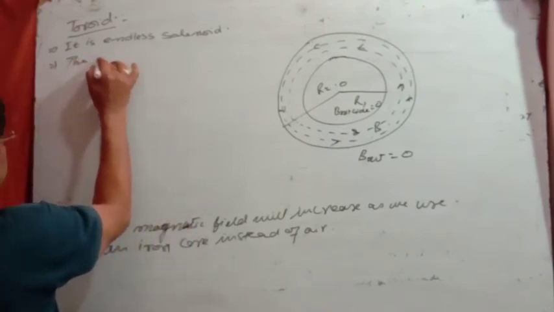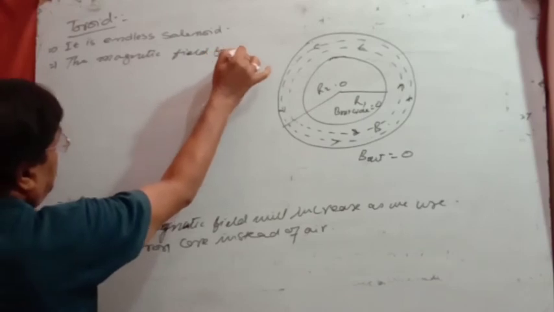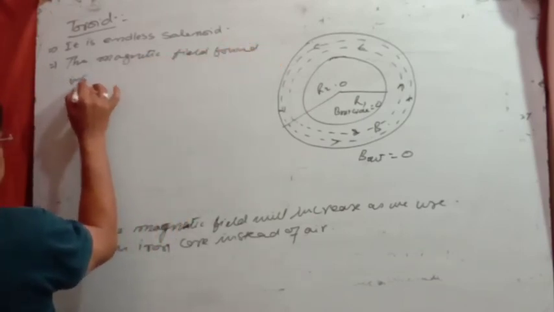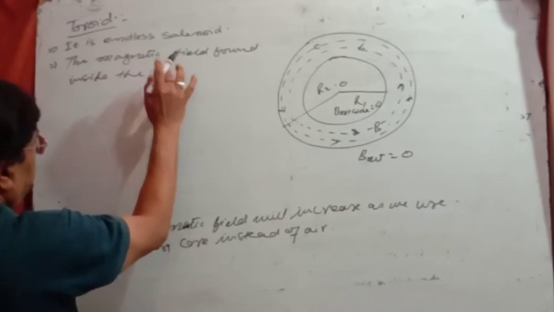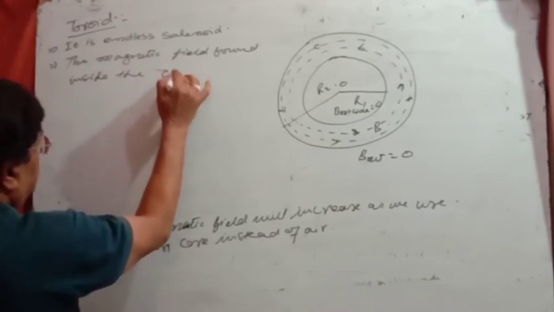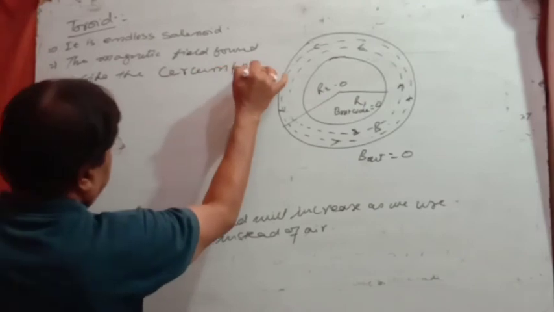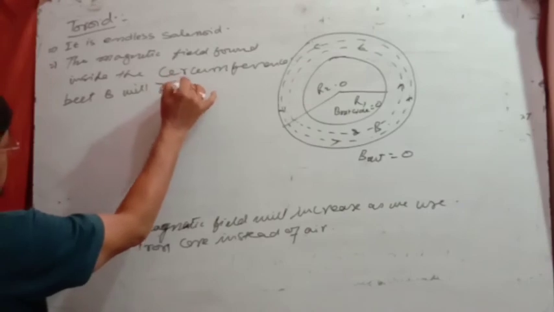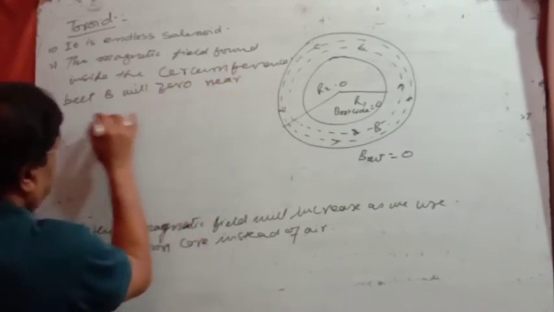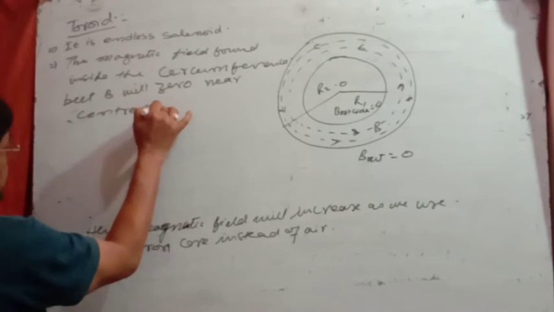The magnetic field is found inside the circumference, but B will be zero near the center and outside.